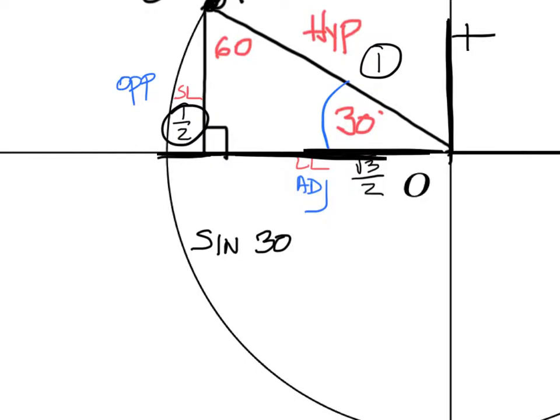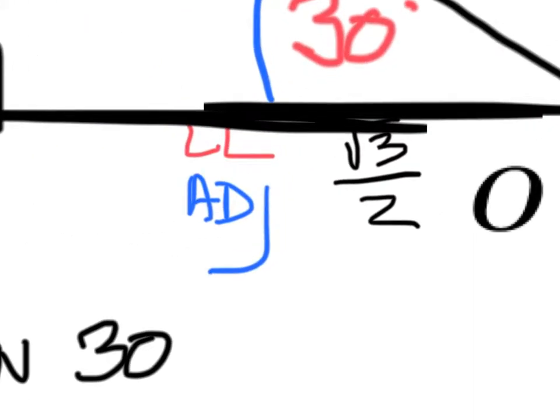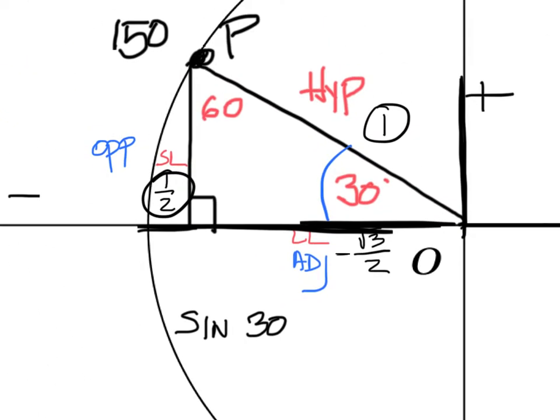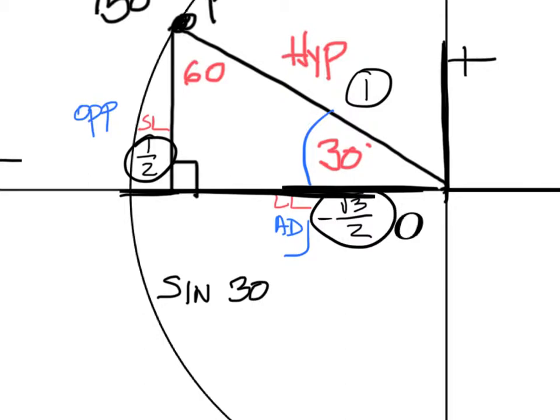Positive. What sign does x have in the second quadrant? Negative. So instead of just square root of 3 over 2, you are going to have a negative square root of 3 over 2. And now we can circle that one and make it official. If you don't remember the signs and the differences around the coordinate plane, then it's going to get rough.